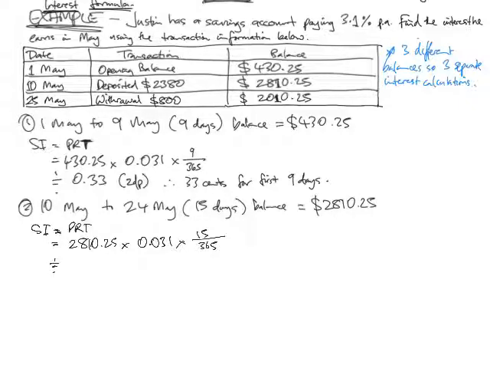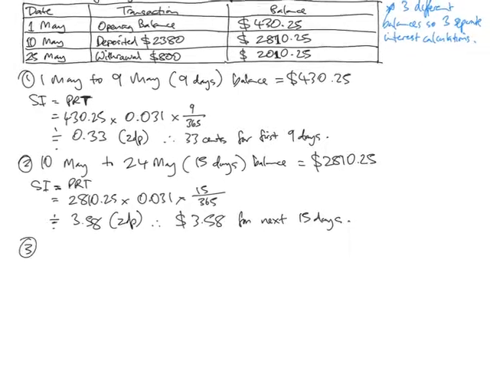That comes to 3.58 to 2 dp. Therefore, $3.58 for next 15 days.